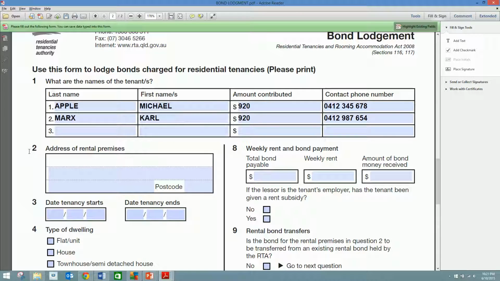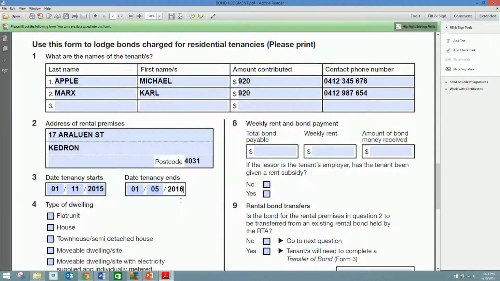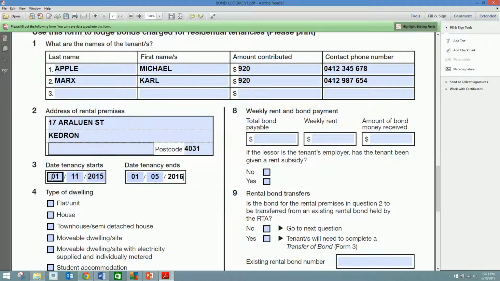The residential address, that's the address at Kedron. Remember, the lease started on the 1st of the 11th and went until the 1st of May. It's a house.